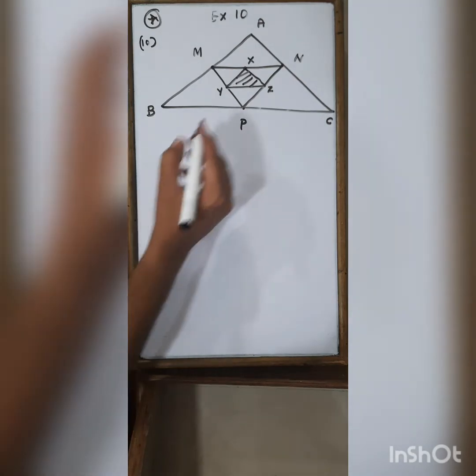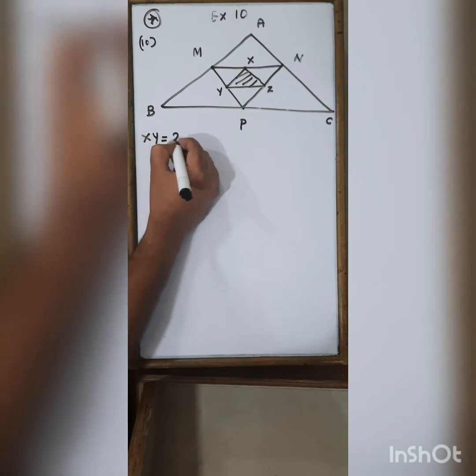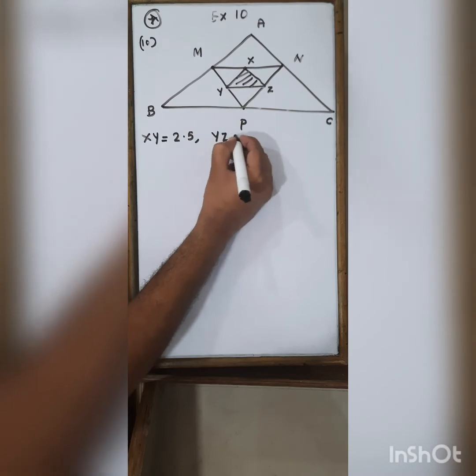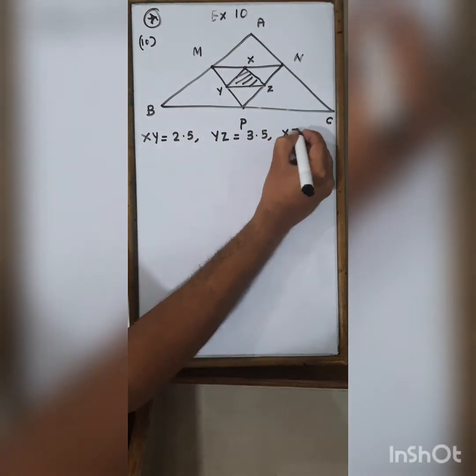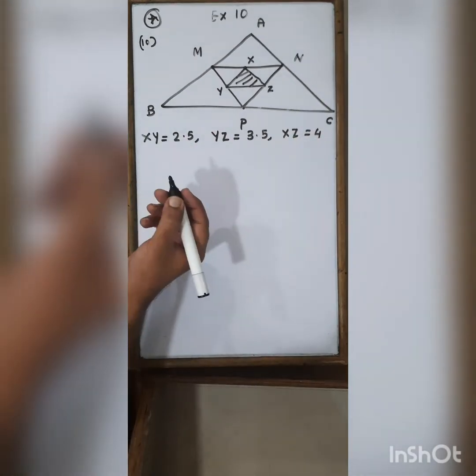Now given XY is equal to 2.5, YZ is equal to 3.5 and XZ is equal to 4. You have to find the sides of triangle ABC. Easy.